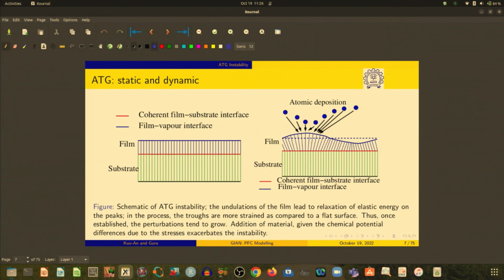The chemical potential at the troughs is higher, so the atoms will leave and attach where the chemical potential is lower, which is the peaks. So, this process will keep on happening, and hence you will have an undulation growing, and finally it will lead to breakup or plastic deformation and so on.